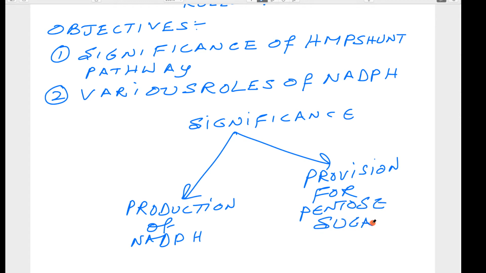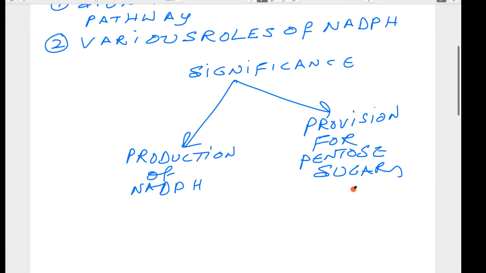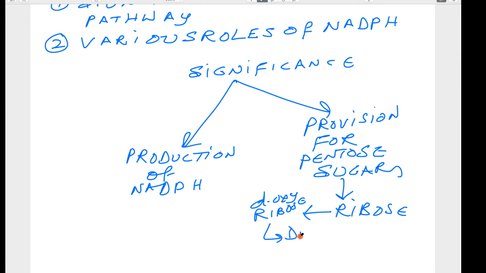One of the pentose sugars produced here is ribose. Of course, other pentose sugars are produced. Then ribose can be converted to deoxyribose. Deoxyribose can be used in the synthesis of DNA, and ribose can be used in the synthesis of RNA. That means the pentose phosphate pathway is important for nucleic acid synthesis.